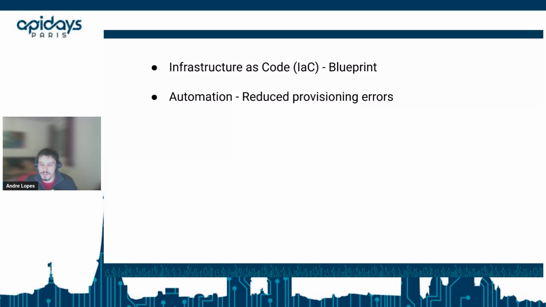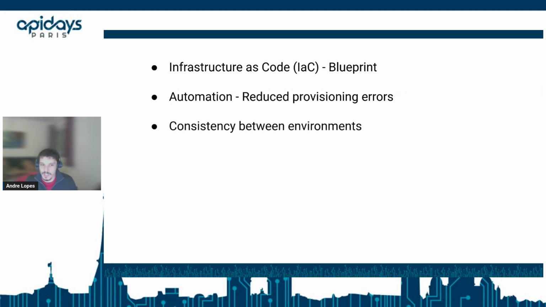Something might be missing or something might have updated in your process that you might miss, because we are humans and that happens. But if we are using Terraform, we remove this human factor.